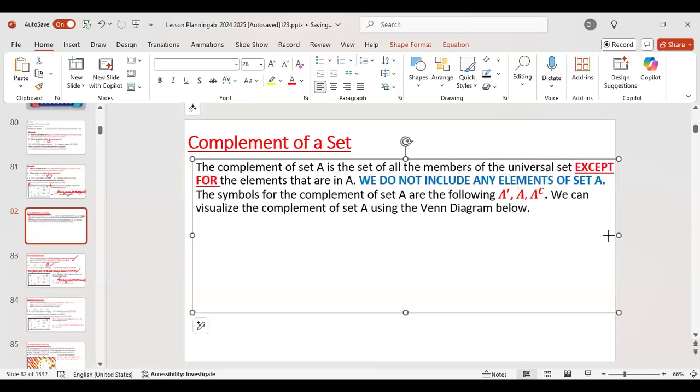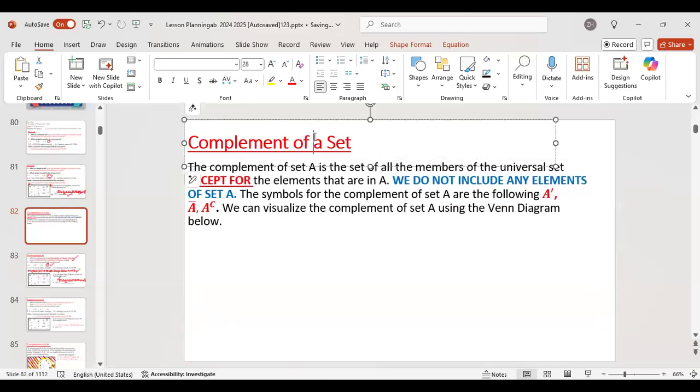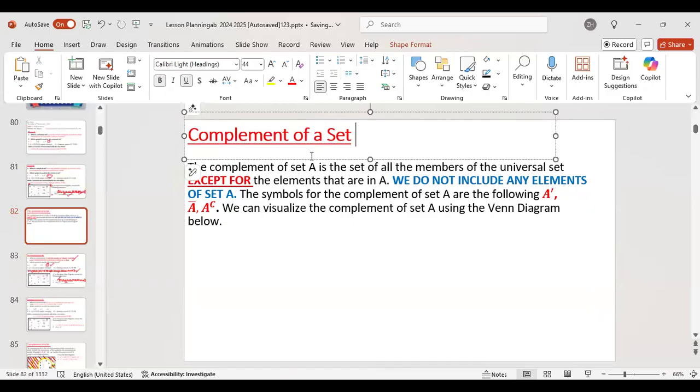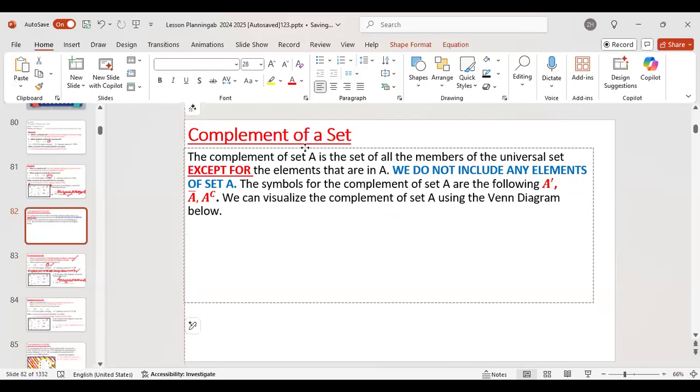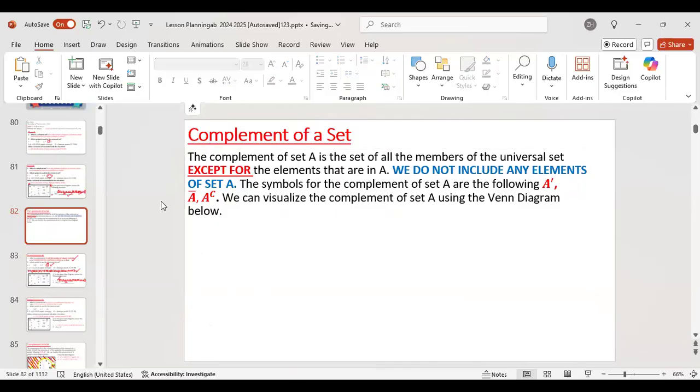All right, so let's go ahead and draw a Venn diagram. So we have our rectangle.